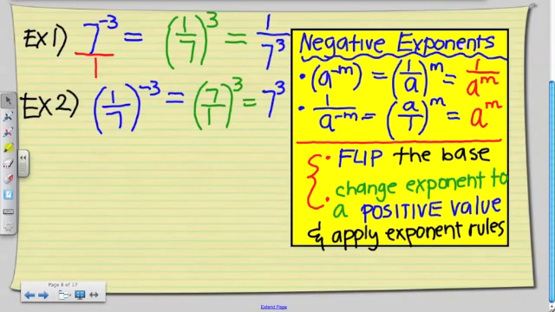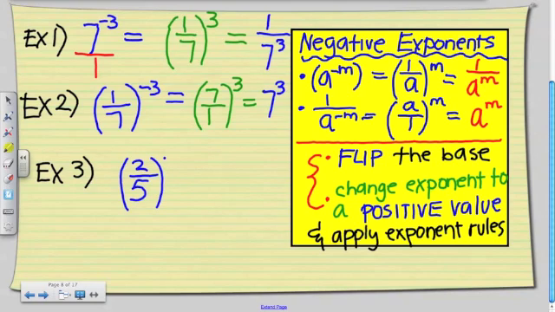Let's do one more easy example, but this time we're going to have a number in the numerator and a number in the denominator. Okay, 2 over 5 to the power of negative 2.